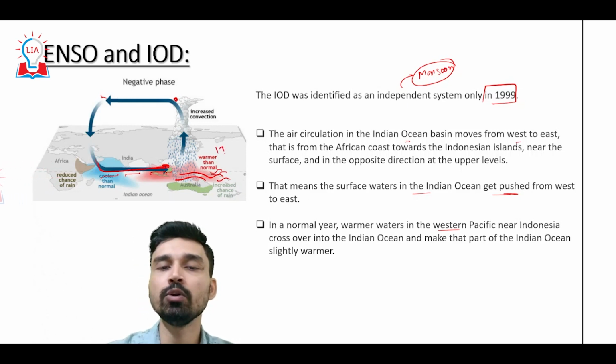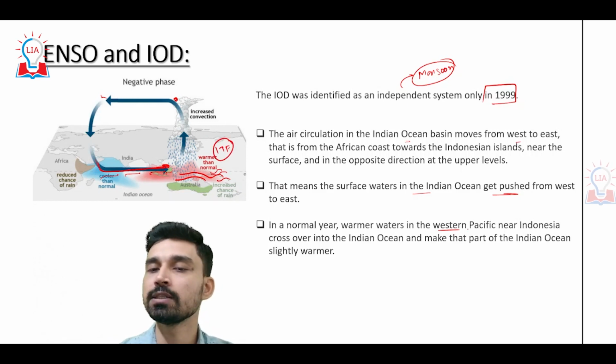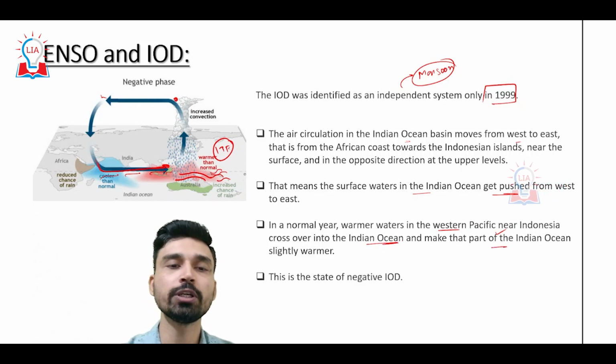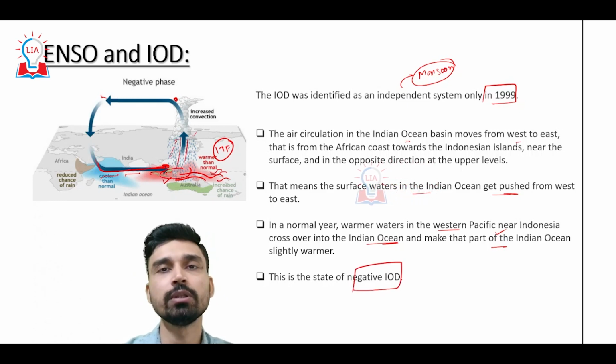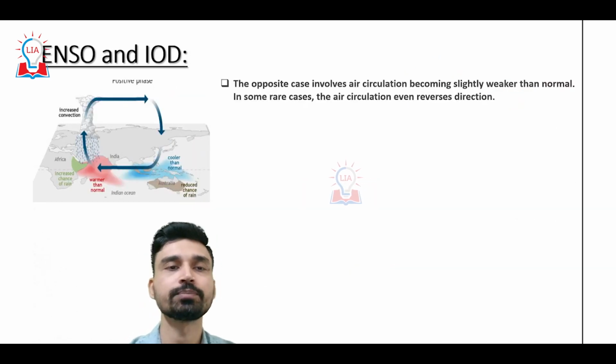This is called the Indonesian throughflow. So as the warmer water from the western Pacific crosses over to the Indian Ocean, it becomes part of the Indian Ocean and thus raises the temperature of the eastern part of the Indian Ocean. And as the temperature of the eastern part of the Indian Ocean increases, we'll have increased convection, cloud formation, rainfall, and this is what we have associated with the negative phase of IOD.